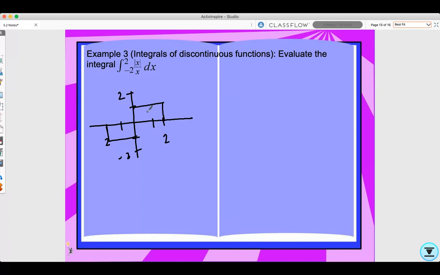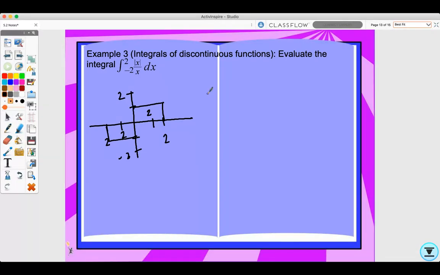The area here is 2, and the area here is also 2. However, it says just to evaluate the integral. If I evaluate this, it would equal 0, because this value here is negative 2 and this value here is positive 2. But the area is equal to 4. However, they just wanted you to evaluate the integral, so it would be 0.